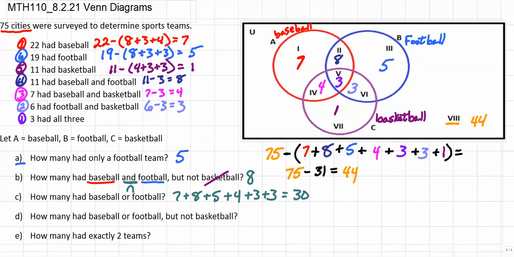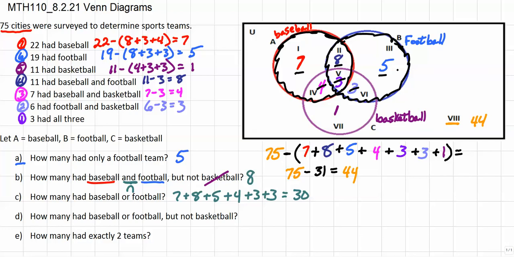So, once again, when we look at this, this is your baseball, this is your football, but we have to exclude any regions that also contain basketball. So we're simply looking at this region 7 plus this region 8 plus this region 5, which will give us 20 cities.